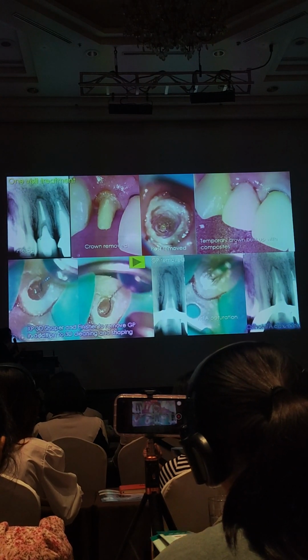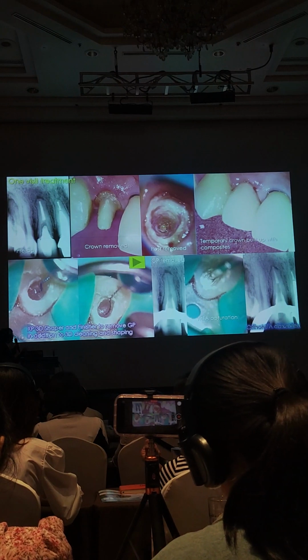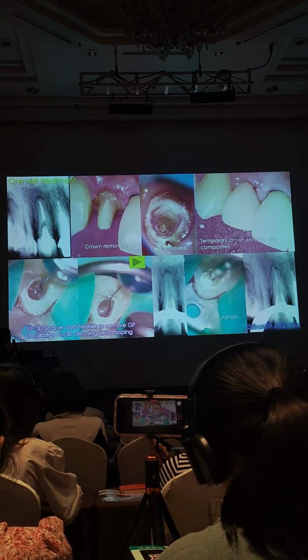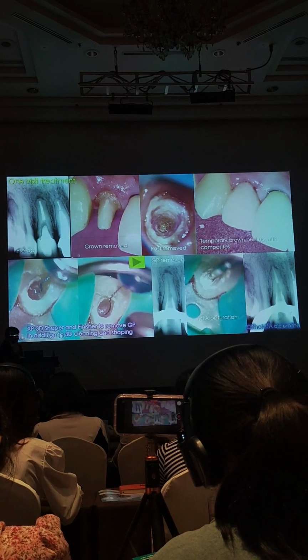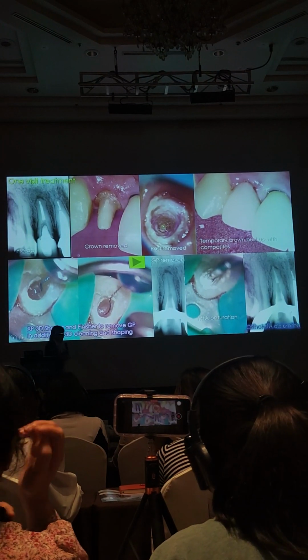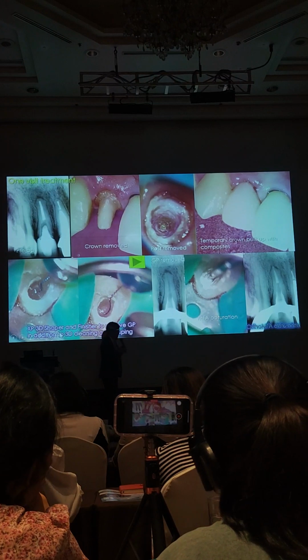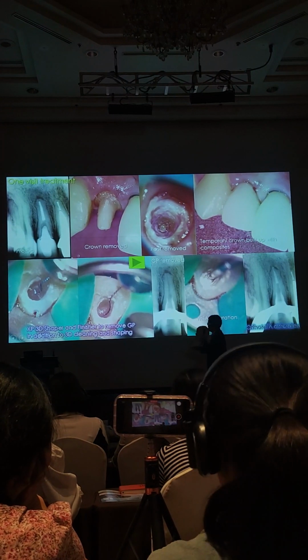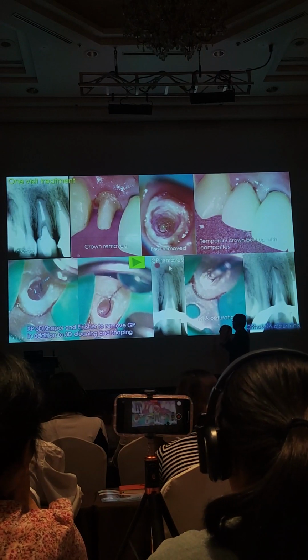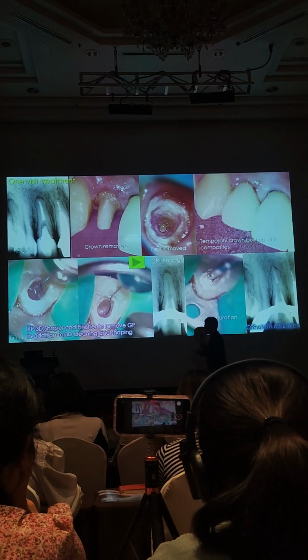I removed it, I stained the root with a caries detector dye. Then I removed the soft dentin. I see it under the microscope. I removed it. Then first I use the ultrasonic.